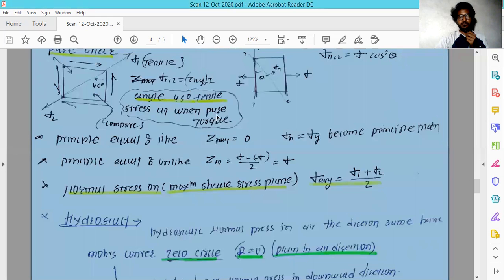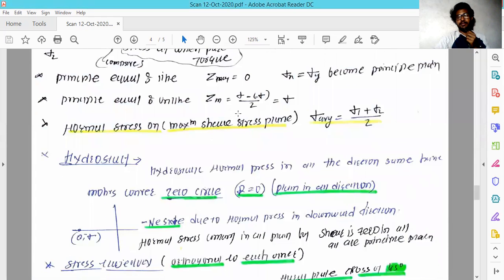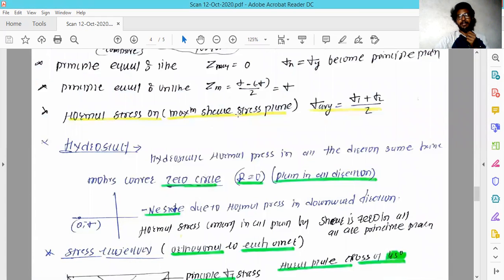And if the applied stresses, sigma x and sigma y, have equal magnitude and are alike in nature, both acting in the same direction, that means the principal stresses show positive nature and the magnitude will be the same.